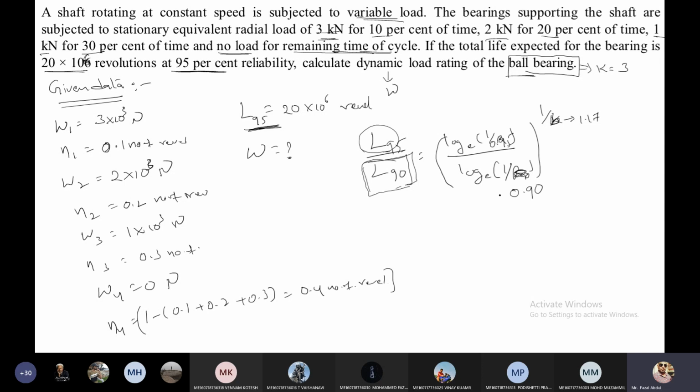Okay. Now with this relation, what is log e of 1 by 0.95? Please substitute in your calculator. Just tell me the value.